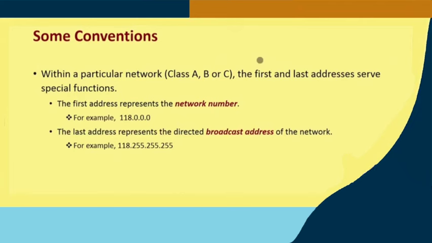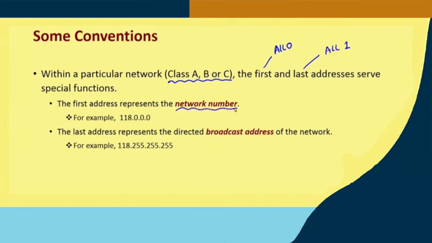Now, some convention. I told you that for the host part, there are two addresses which are special purpose, the all 0 and all 1. The convention followed is as follows: for all of class A, B or C networks, the first and last addresses, first meaning the all 0 address and last meaning the all 1 address, serve special purposes.